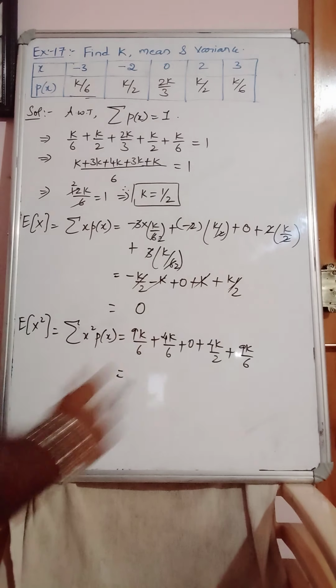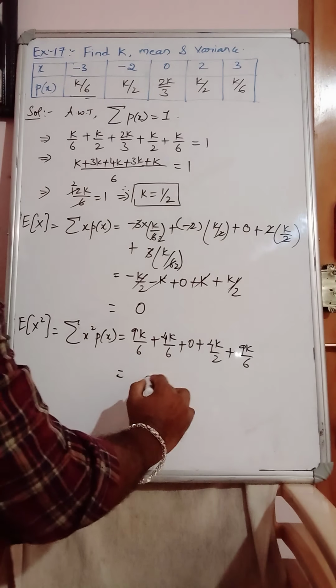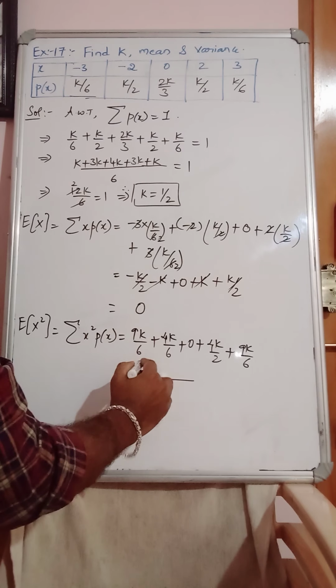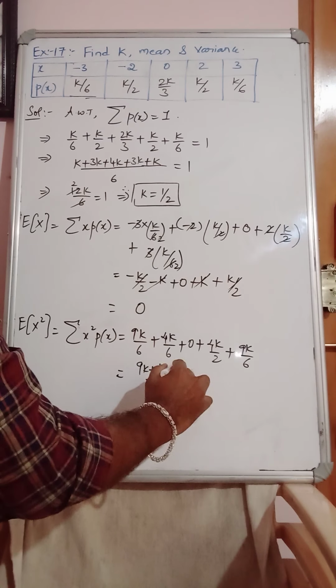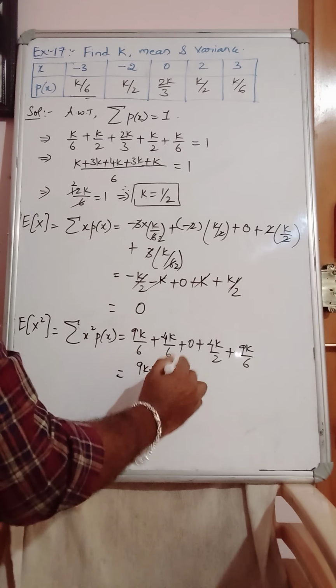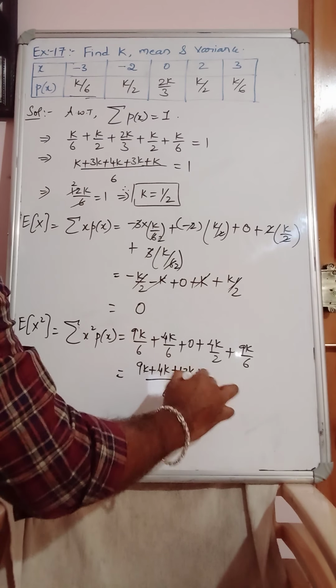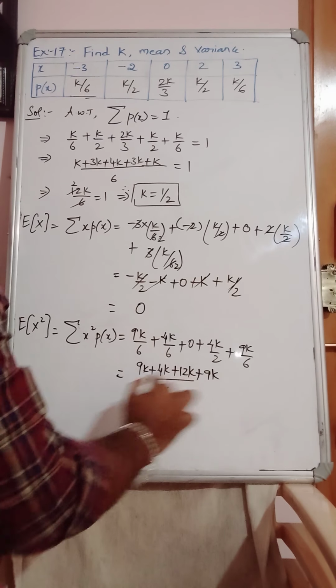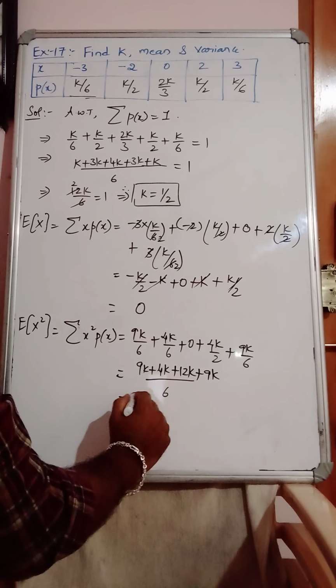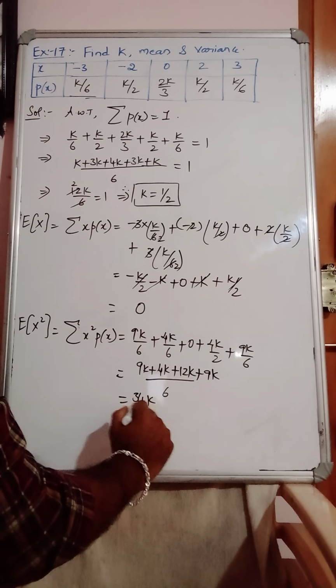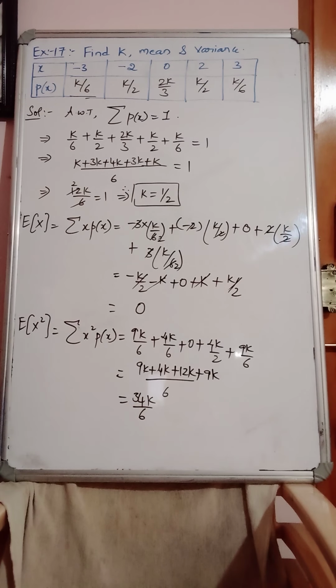So add this total now. LCM will become 6. 9k plus 4k plus 12k plus 9k, that equals 9 plus 4 is 13, 13 plus 12 is 25, 25 plus 9 is 34. 34k by 6.